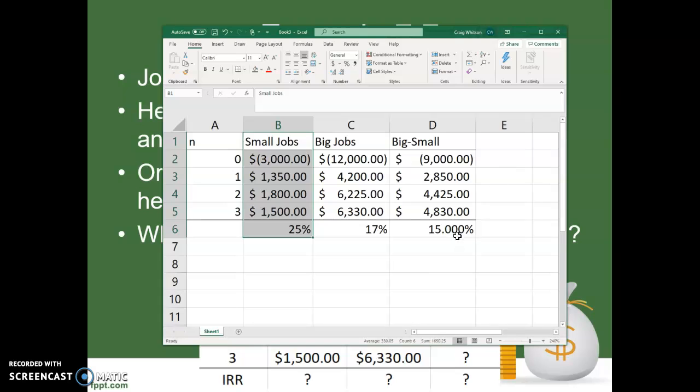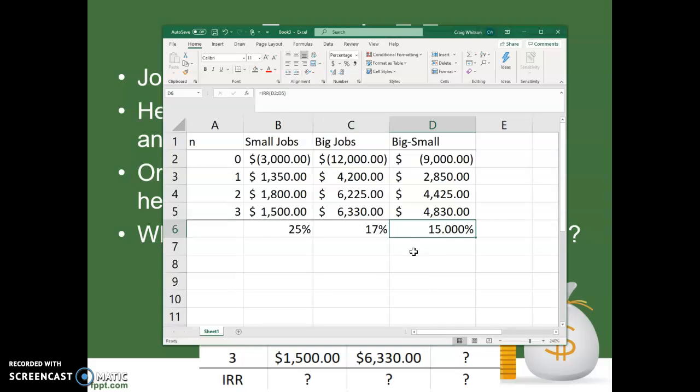And what the result is telling us is that no, we're better off doing the big jobs, because this 15% ends up being greater than the MARR.